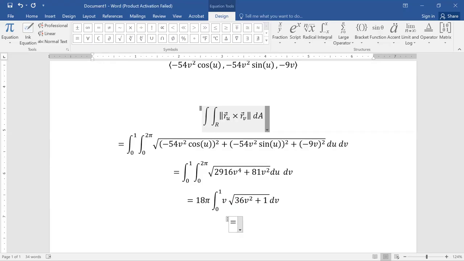well, pi times 37 to the 3/2 power divided by 6 minus pi divided by 6.